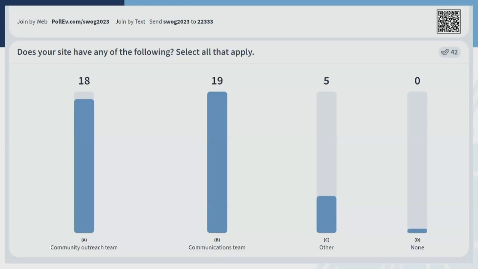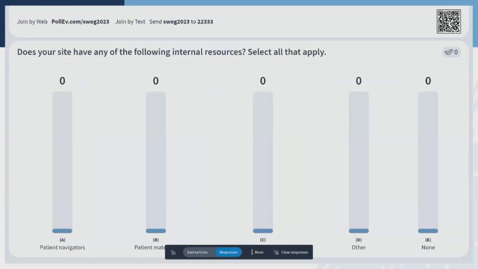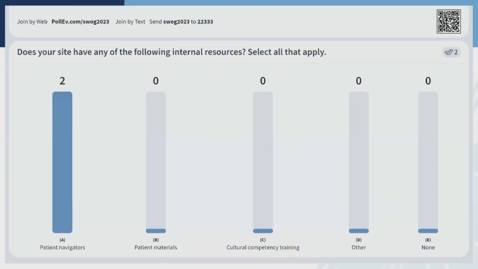So it looks like communications team and community outreach team are the most used. Okay, great. Next one. Does your site have any of the following internal resources? Patient navigators, patient materials, cultural competency training?